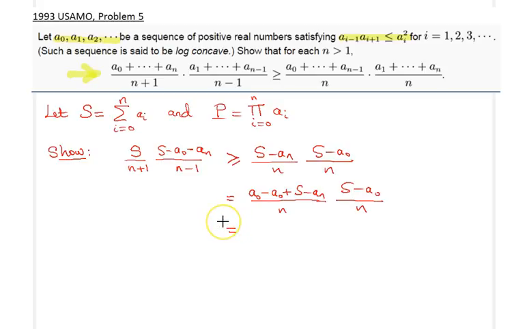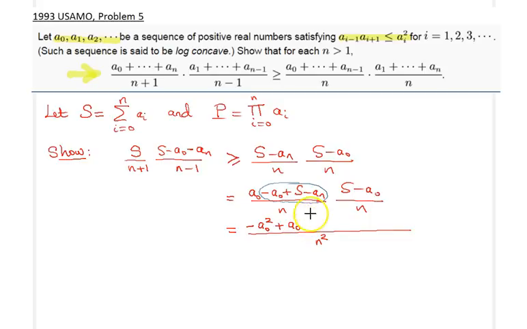I will consider this expression here as 1, and I will multiply out these two terms. Minus A sub 0 times A sub 0 will give me minus A sub 0 squared, with a big division sign here and the denominator n squared. Then I have A sub 0 multiplied with the whole thing with a minus sign, and this A sub 0 multiplied with S.